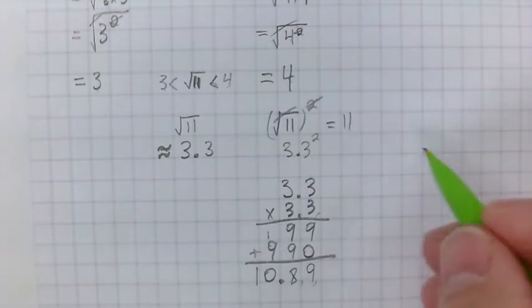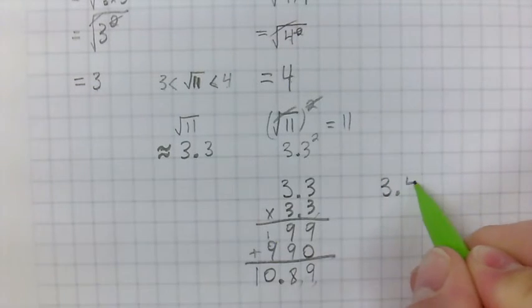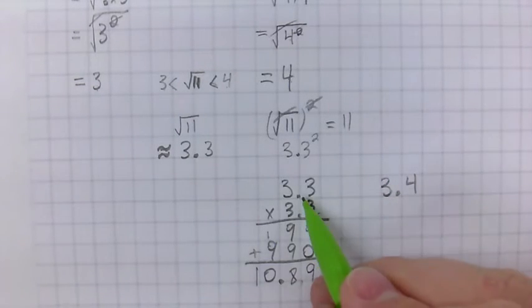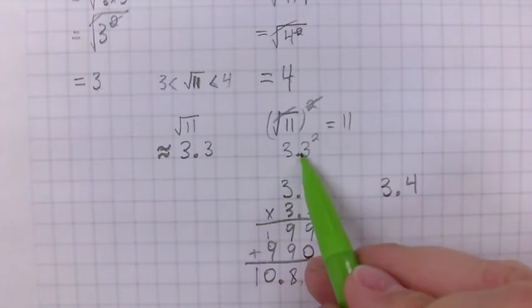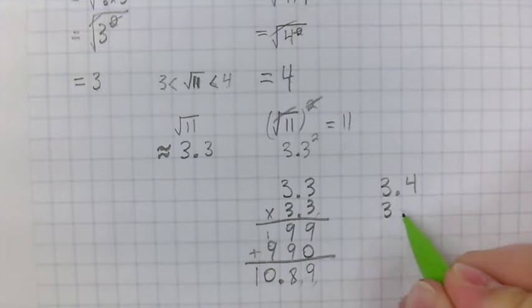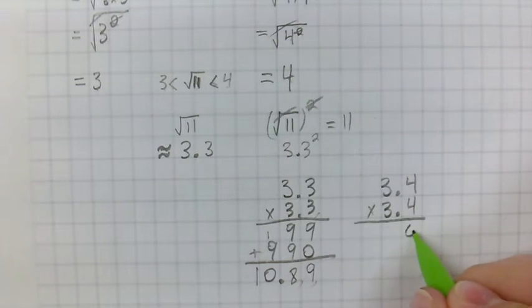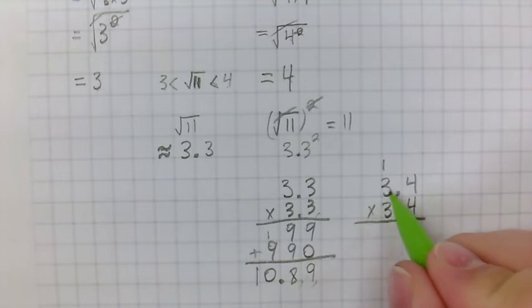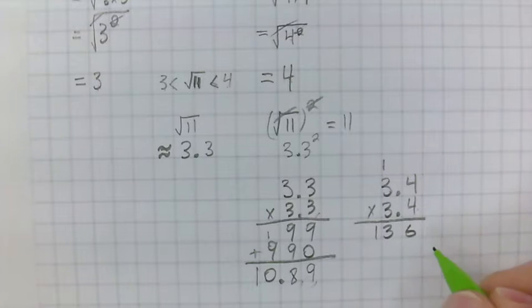What if we decide instead, let's see, 3.4. Let's bump it up, right? So this is too small, so let's bump it up a tenth. Go 3.4 times 3.4. 4 and 4 is 16, carry the 1. 3 times 4 is 12, plus 1 is 13.